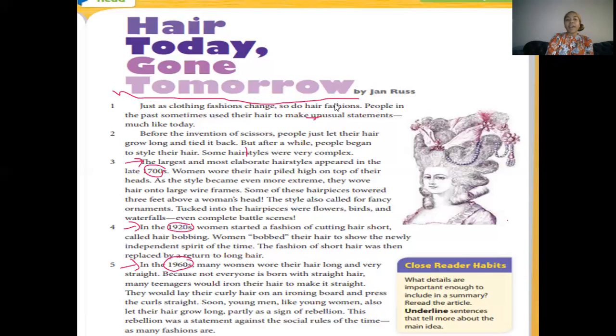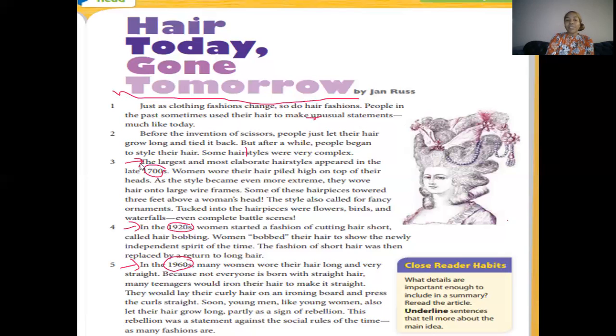So we've identified our main idea. What is this text mostly about? Well, our topic would be hair. Our main idea would be, just as clothing has changed, so do hair fashions. People in the past sometimes used their hair to make unusual statements, much like today. So the second sentence in paragraph 1 is our main idea.